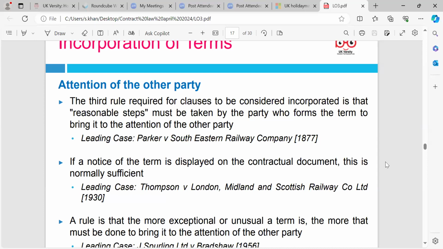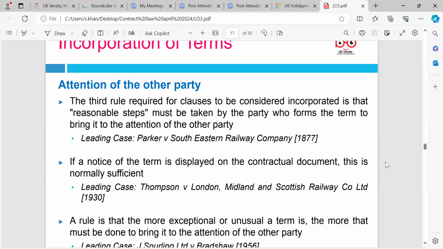The tickets given to the customers on making their deposit had the same notice printed on them in legible writing. Parker's bag exceeded £10 in value and it was lost or stolen. Parker successfully claimed against the South Eastern Railway for his lost bag, and SER appealed.